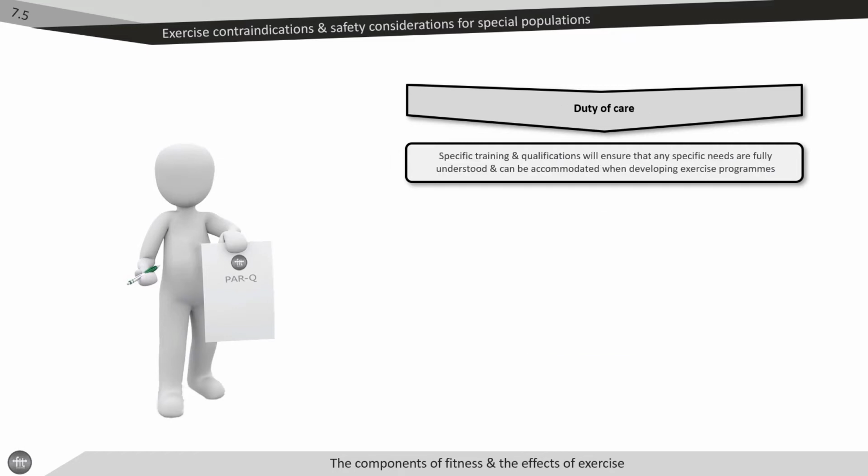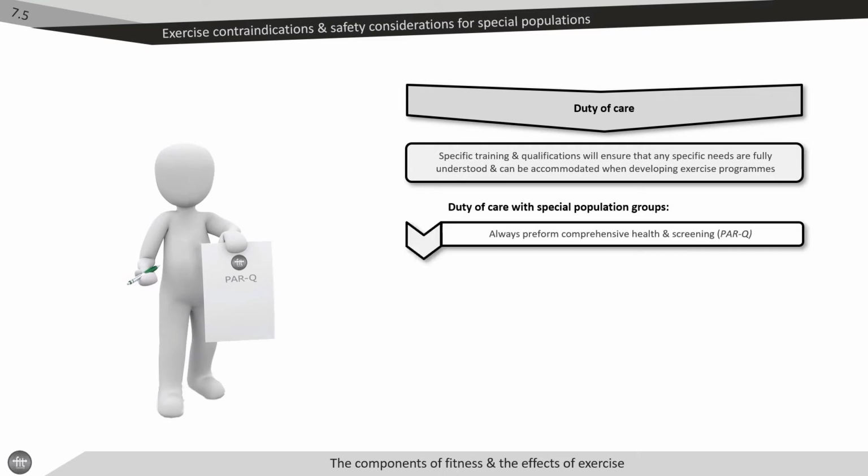Fitness professionals have a duty of care to all individuals who they work with. There are further specialist considerations to be accommodated for when working with individuals from specialist population groups. These include always performing a comprehensive health screen, such as a PAR-Q or a PAR-Q+, to ensure that a client from a specialist population has no contraindications for exercise.